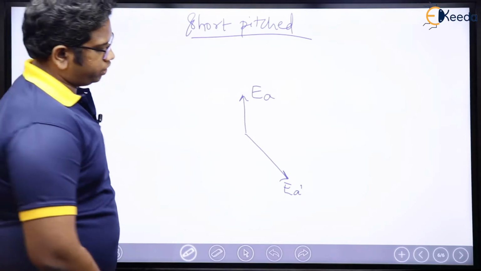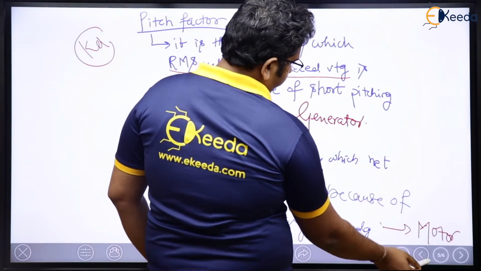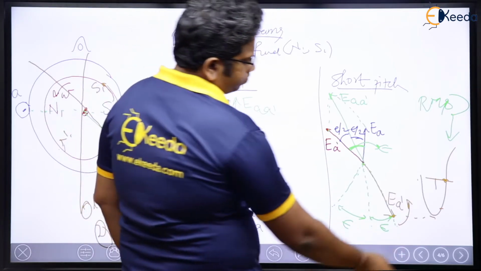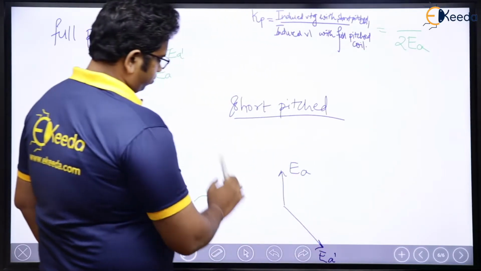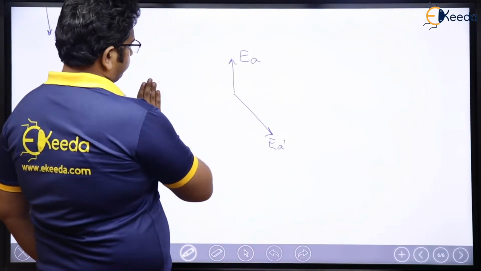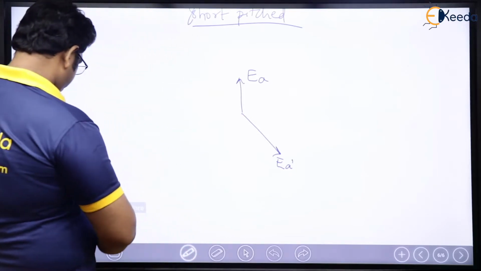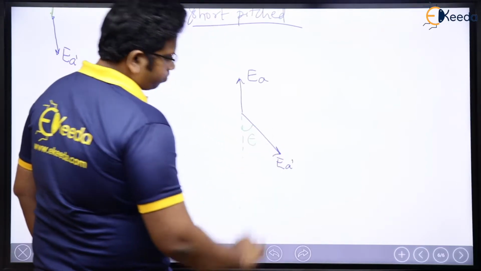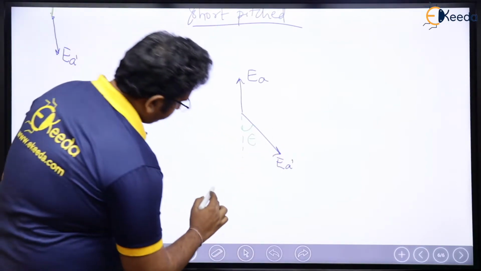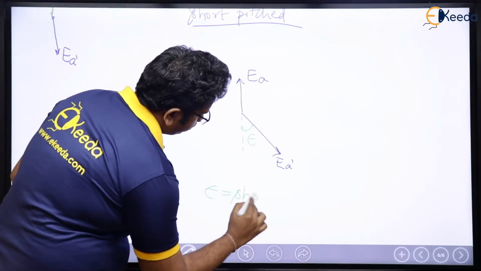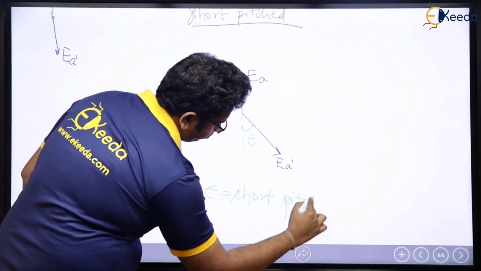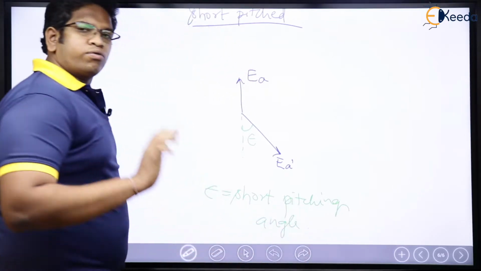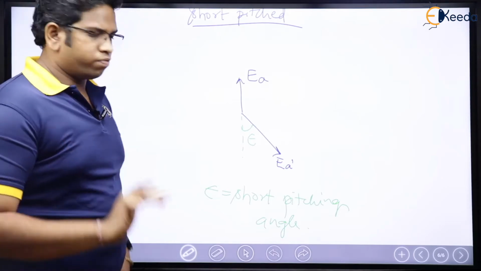In our previous case, if EA was here, EA dash was here. Let me consider the same thing. EA dash is going to be this way. And we know that the angle between this is going to be epsilon. Epsilon is a space angle, also called short pitching angle. About overpitched, short pitched and all, we will discuss, don't worry, we have time.